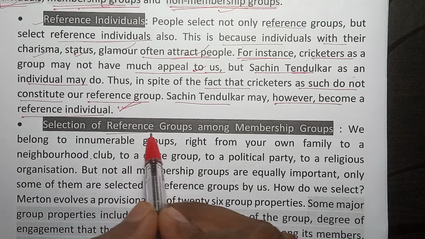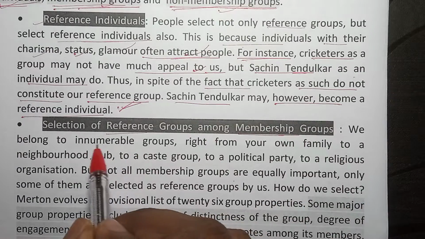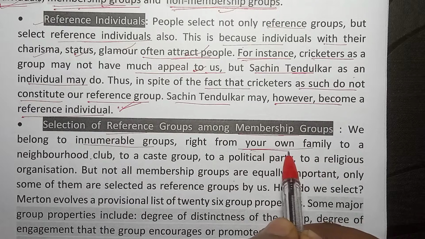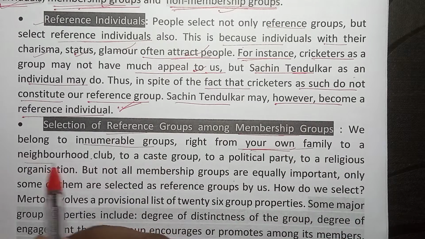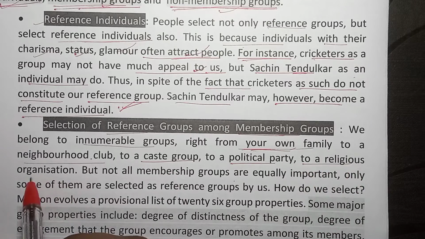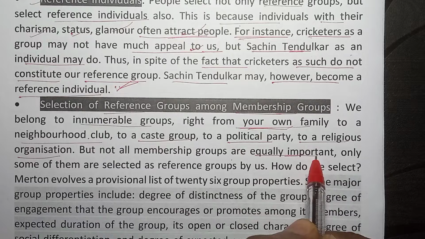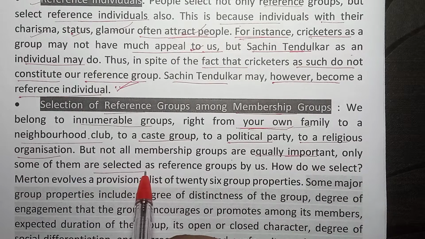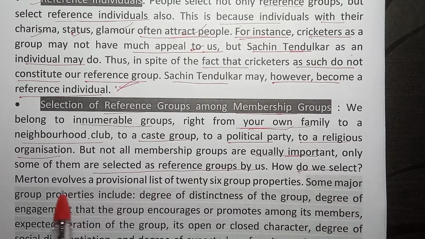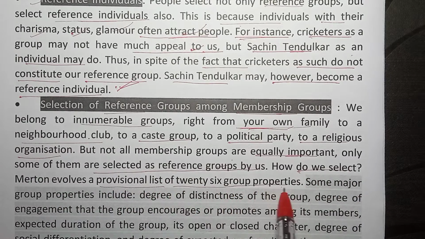The selection of reference groups among membership groups. We belong to innumerable groups, right from our own family to a neighborhood club, to a caste group, to a political party, to a religious organization. But not all membership groups are equally important. Only some of them are selected as a reference group by us. How do we select? Merton evolved a personalized list of 26 group properties.